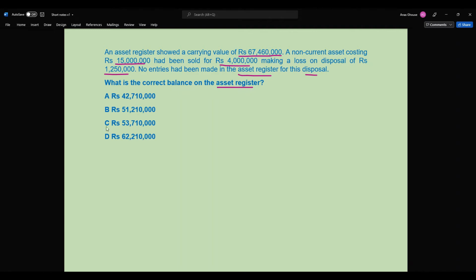Okay, so you are given four answers. So let's look at this question. Let's prepare a T account for the disposal account.